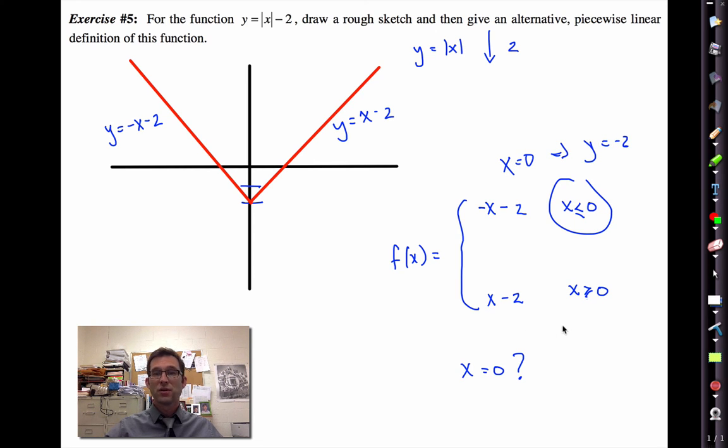And when I put 0 into this formula, I also get y equals negative 2. So there's no issue putting the equality in both locations. In fact, in a certain sense, what's nice about it is it tells you that both formulas have the same output. All right, I'm going to clear out the text here, so make sure to write down anything you have to.